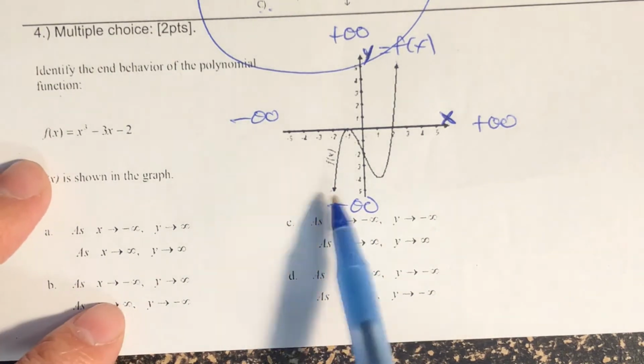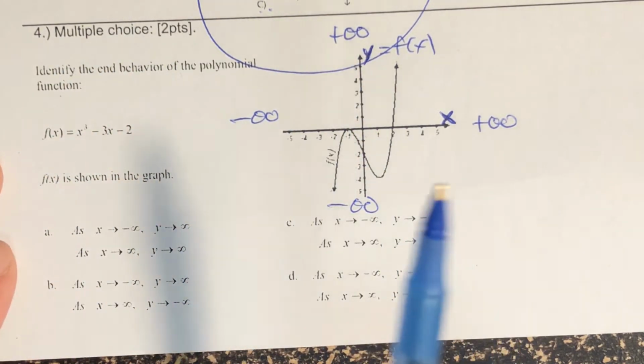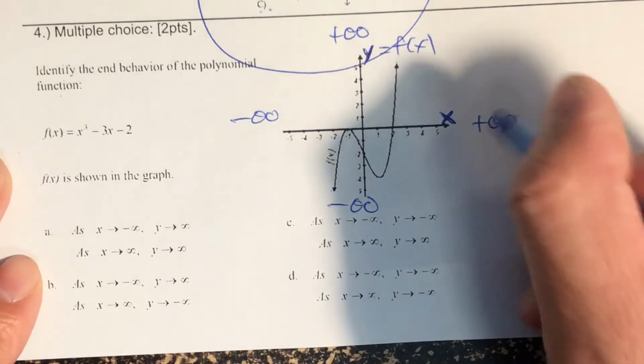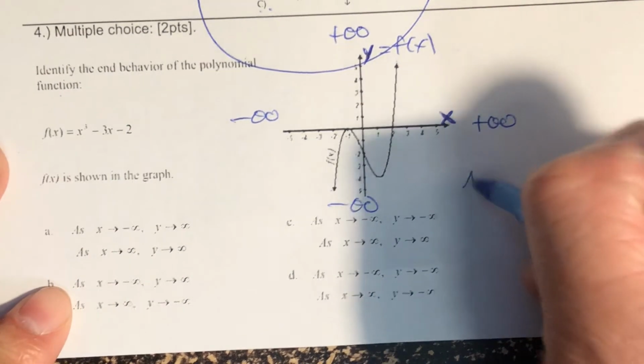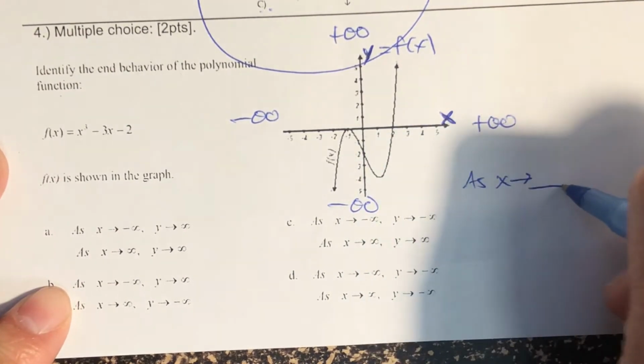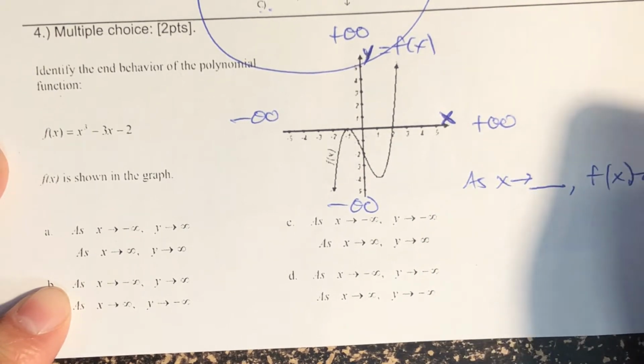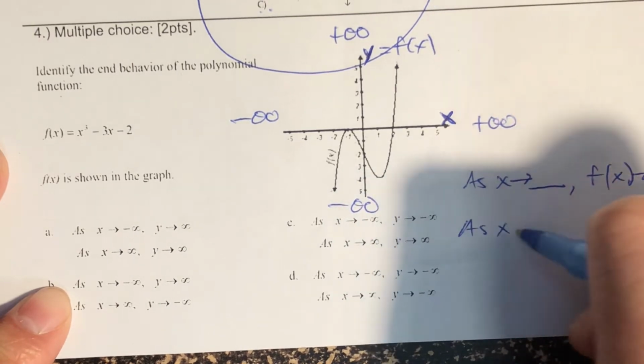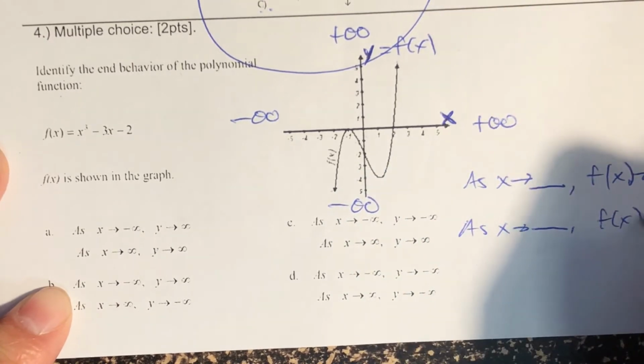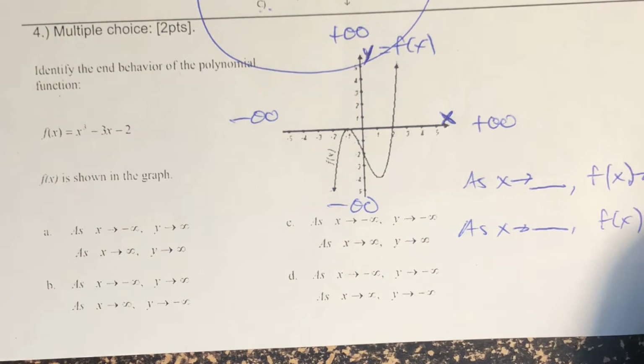Okay, so this graph, let's just write my own sentence, and then that can help you understand. As x approaches blank, f of x, and then we can just match ours with the answer. Remember this little yellow box we kept drawing in class?